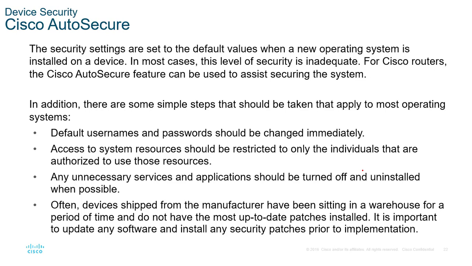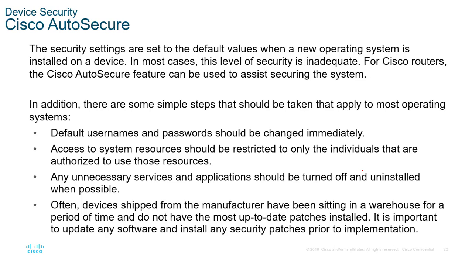In addition, there are some simple steps that should be taken that apply to most operating systems, not just the Cisco IOS. That is, default usernames and passwords should be changed immediately. Access to system resources should be restricted to only the individuals that are authorized to use those resources. That's called the principle of least privilege.